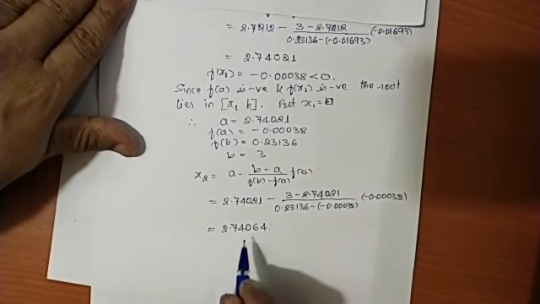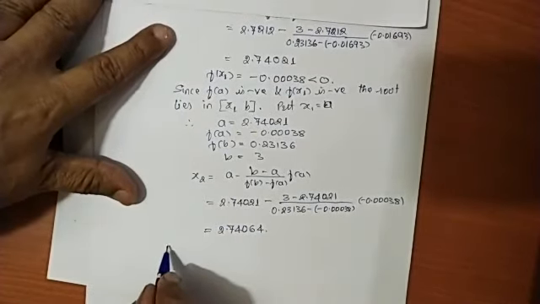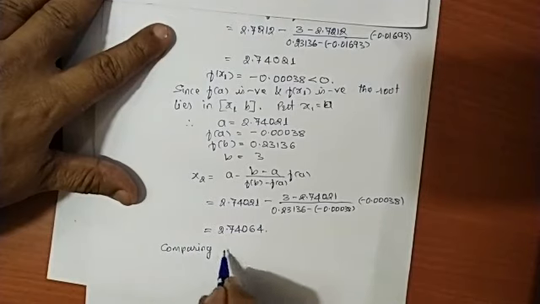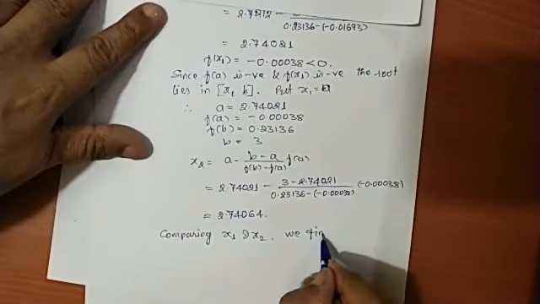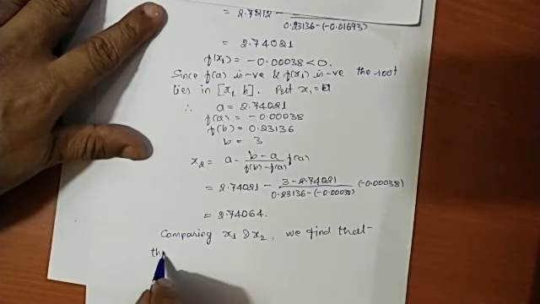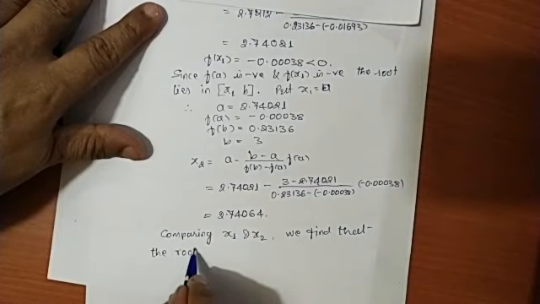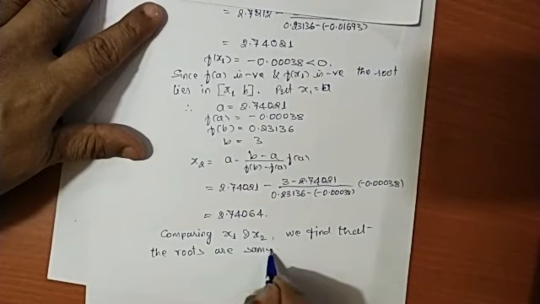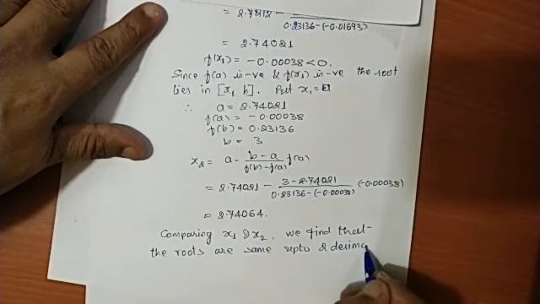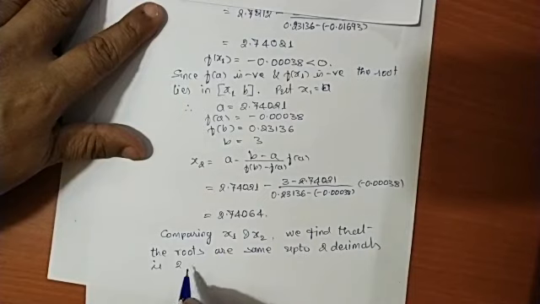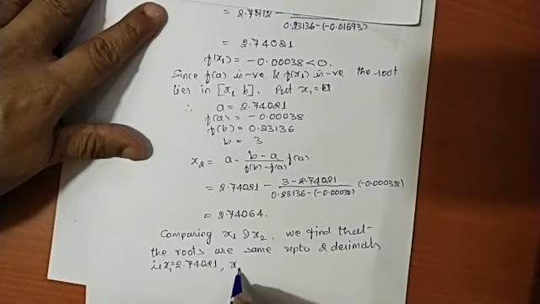Now, see, I compare x1 and x2. We find that the roots are same up to 2 decimals. x1 is 2.74021, x2 is 2.74064.